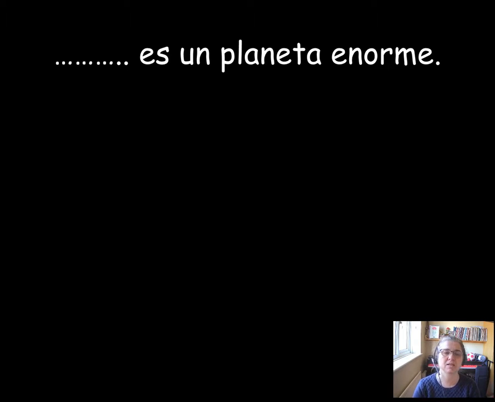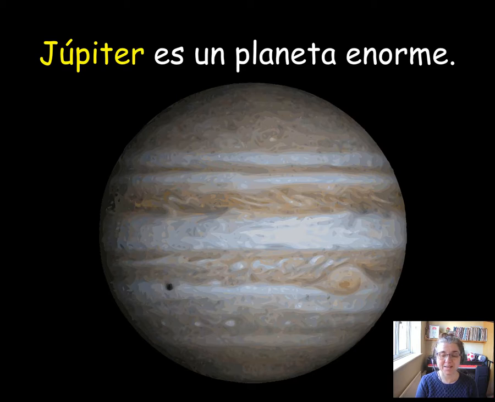Something or other es un planeta enorme. So think about everything we've found out about the planets looking at the figures. And which planet name do you think is going to go into that sentence? Let's see. Júpiter es un planeta enorme.